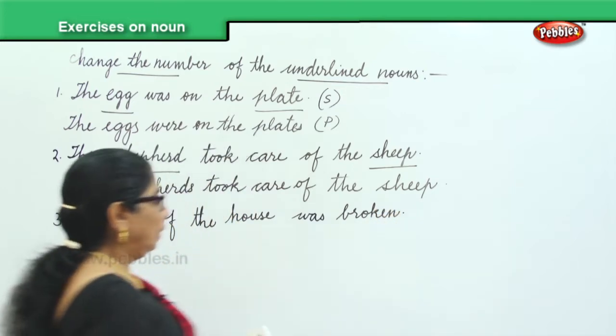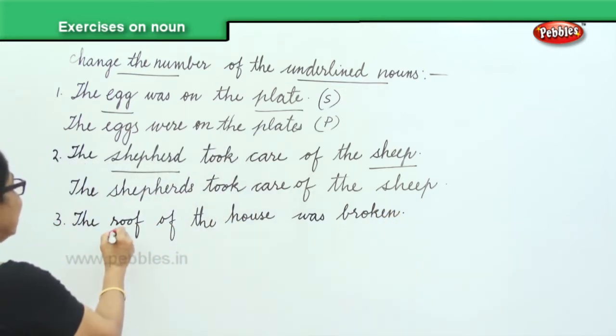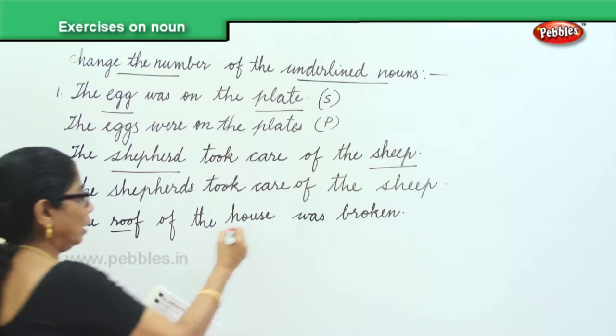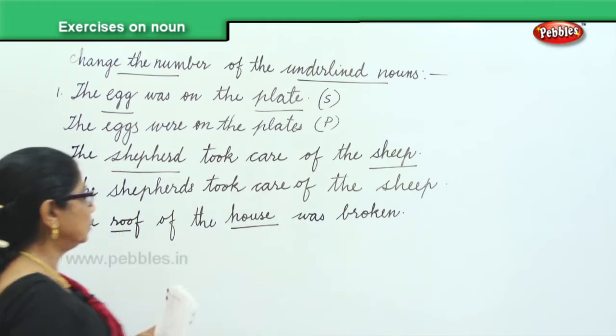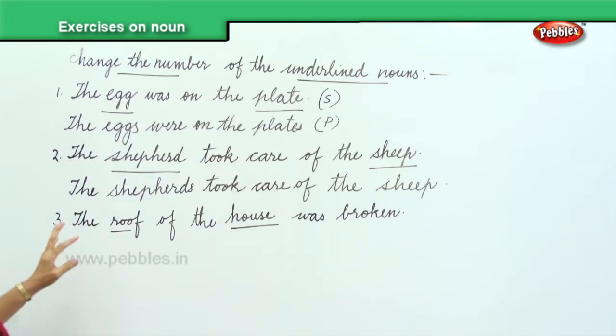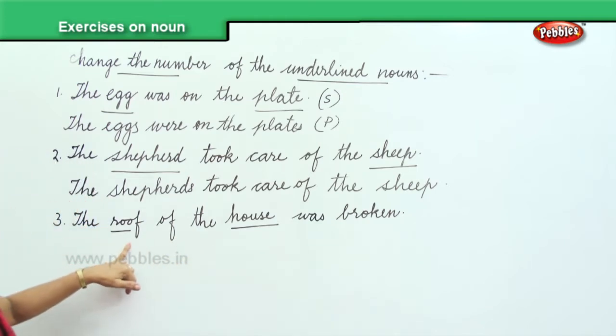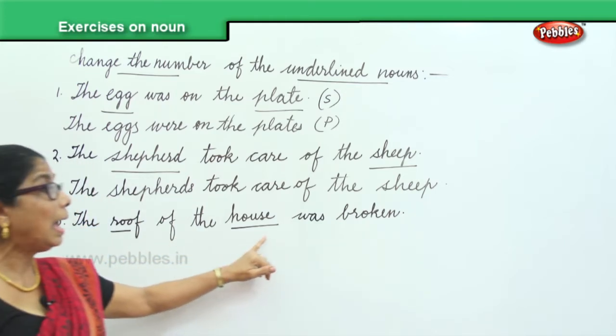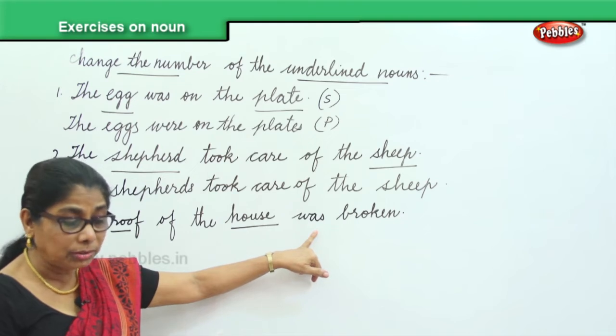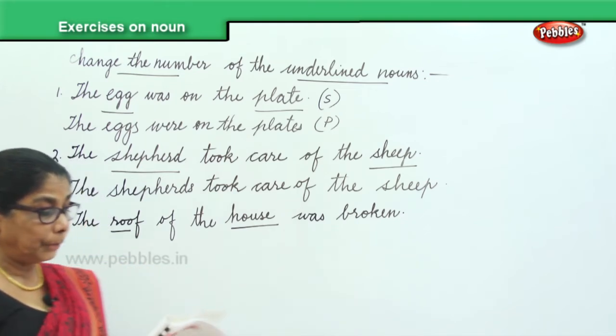Now, the nouns we have to change are roof and house. So, the singular, the roof of the house was broken. So what will you say? The roofs of the houses. So what will happen to was? You will say were broken.